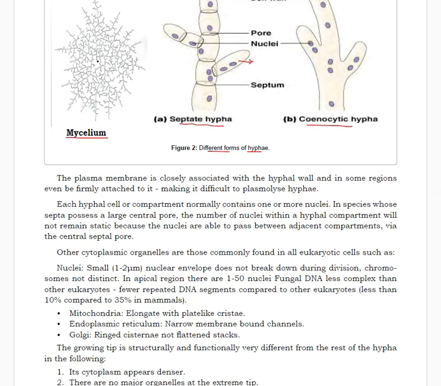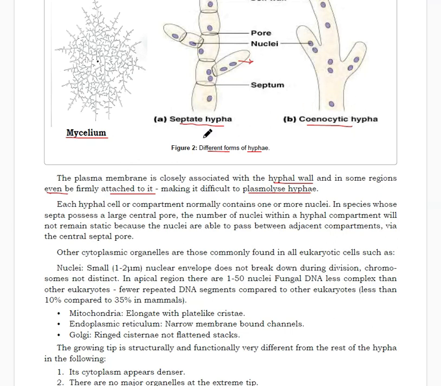So the plasma membrane is closely associated with the hyphal wall, and in some regions even firmly attached to it, making it difficult to plasmolyze the hyphae.